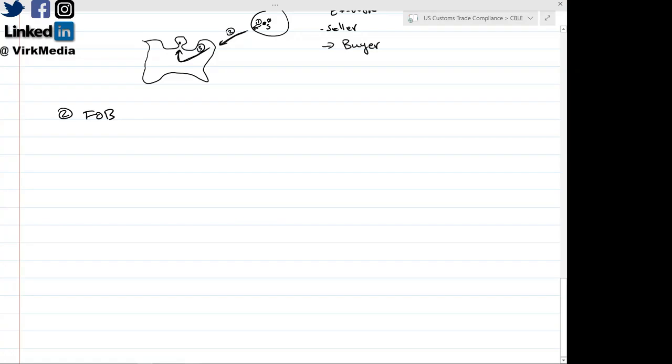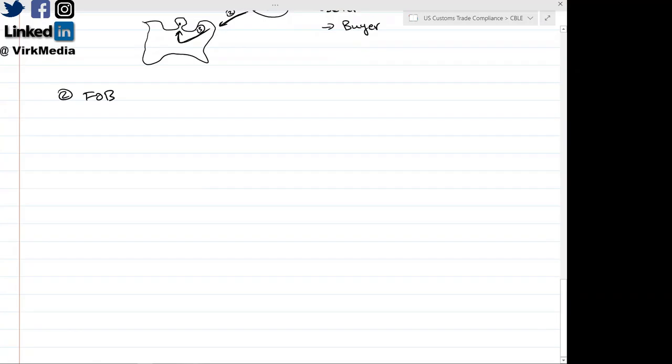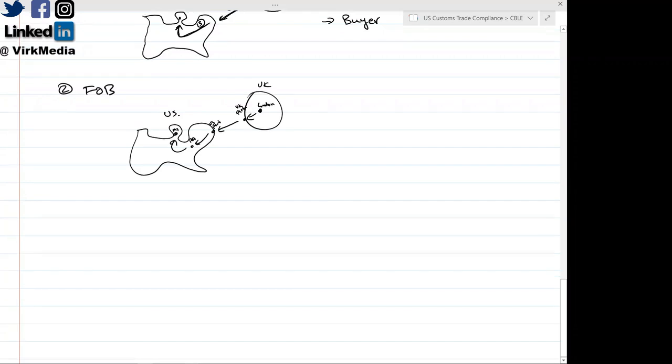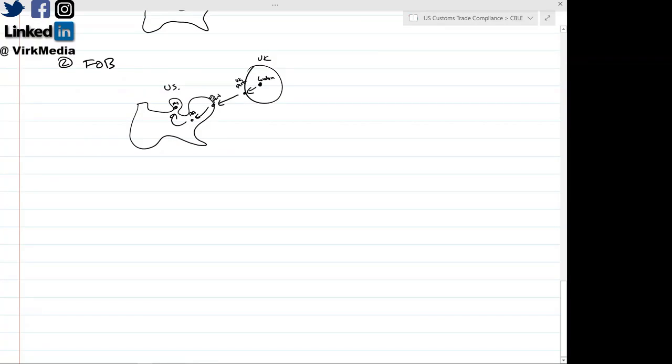So for example, let's take the same example as the one above. Let's say this is London, point 1, this is a UK port, this is the US port, this is somewhere Pennsylvania, and then this is Michigan. So in this case, the buyer and the seller agree to a point where each party's responsibility changes.